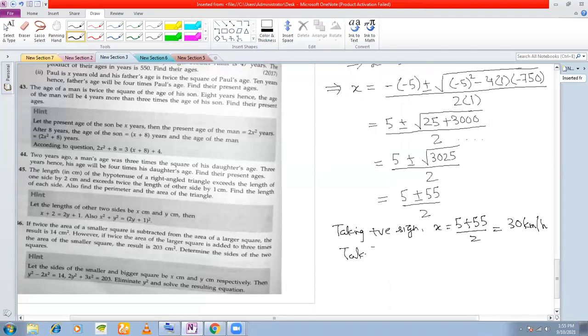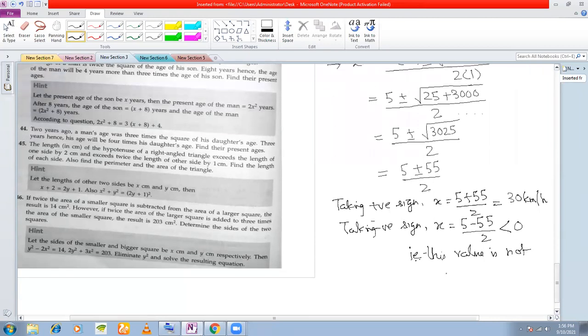Taking the negative sign, x is equal to 5 minus 55 divided by 2, which is less than 0. This value is not acceptable, as speed cannot be negative.